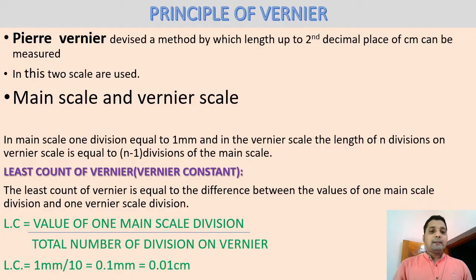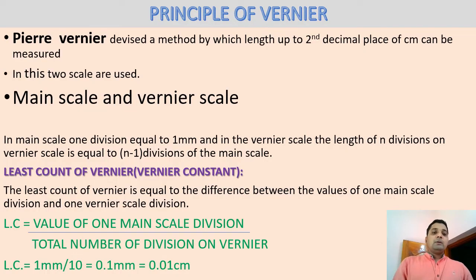That means 1 by 10 equals 0.1 mm, or in cm, 0.01 cm. Hence, the least count of a Vernier caliper is the difference between one main scale division and one Vernier scale division, meaning 10 lines of the Vernier scale coincide with 9 lines of the main scale.